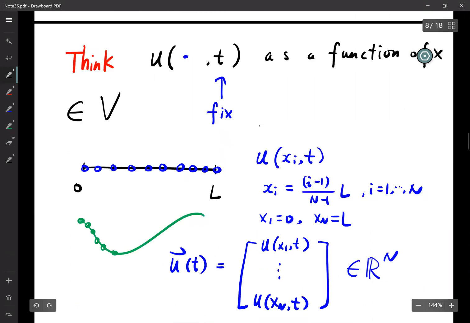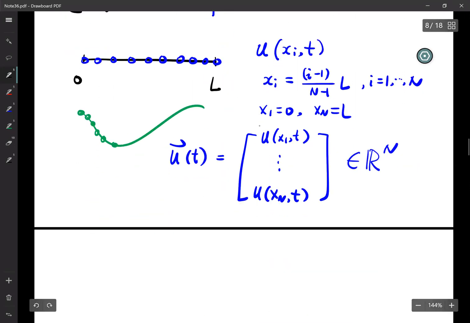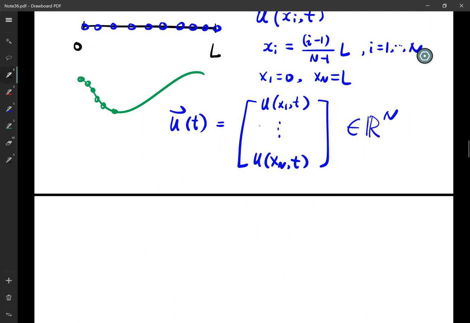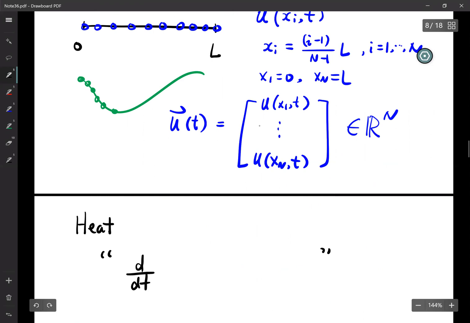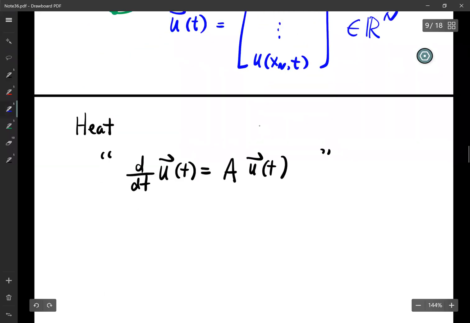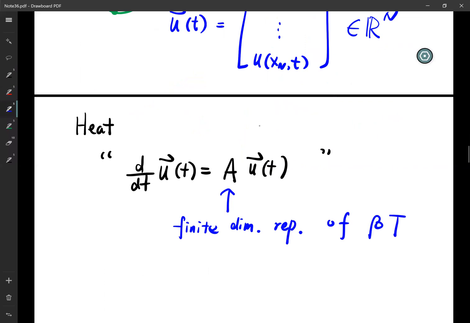Therefore, this operator will have a corresponding matrix representation, so that the heat equation is similar to something like this: d/dt u(t) equals A u(t), where this A is the finite dimensional representation of the second derivative operator, which only applies to x. Any question?